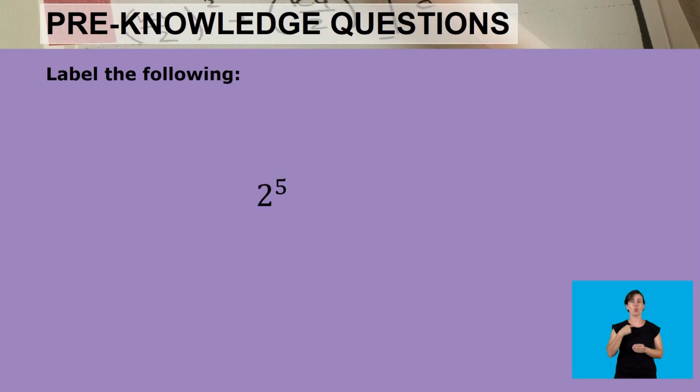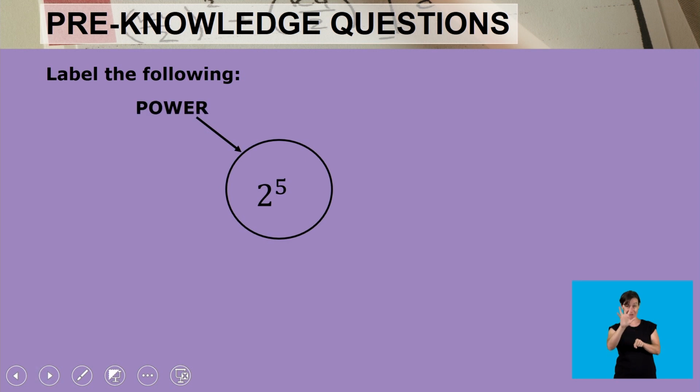We have been given the numbers 2 and 5, and we are supposed to label this expression. Firstly, the whole expression is a power. Let's look at the numbers individually. Look at the 2. Do we know what role that 2 plays?